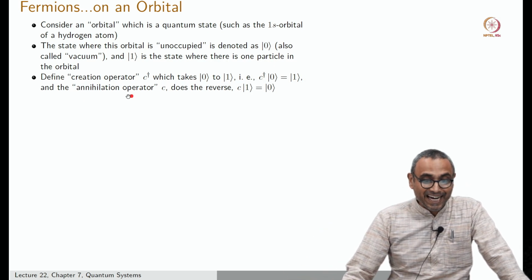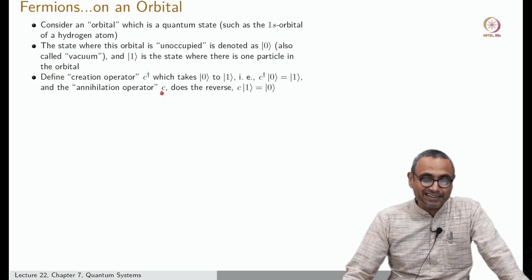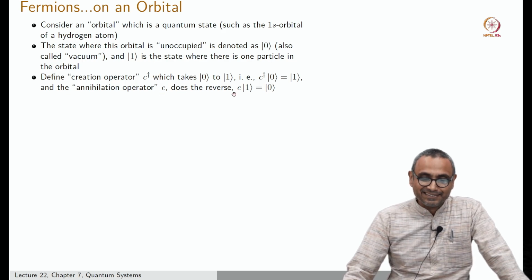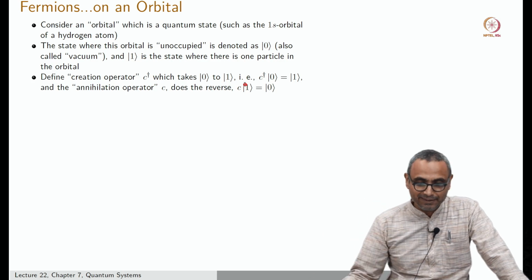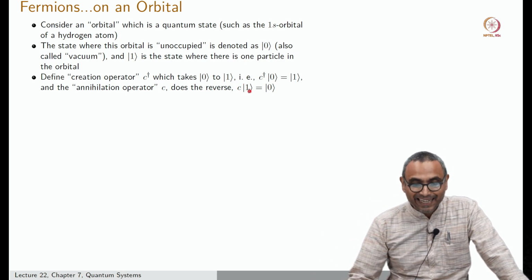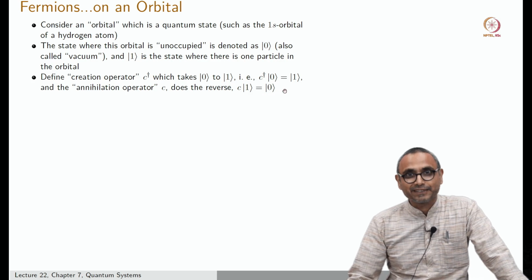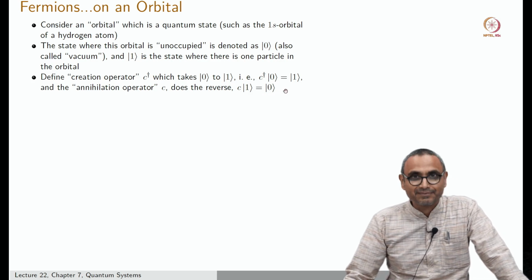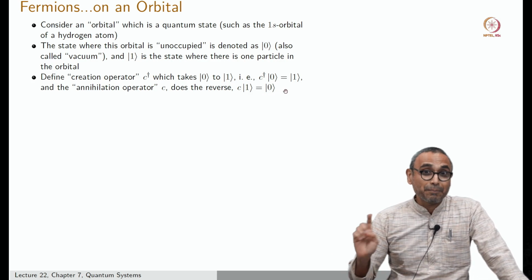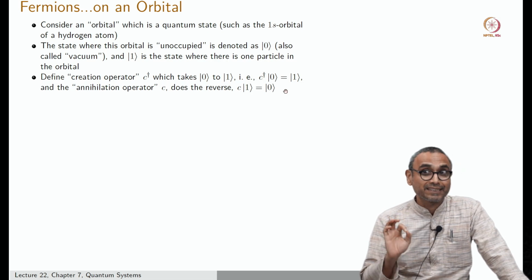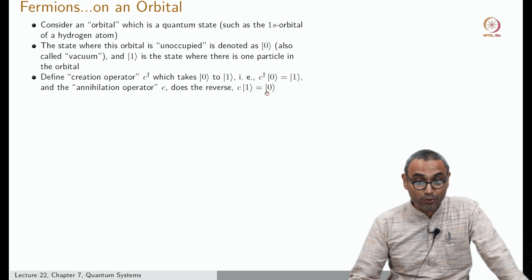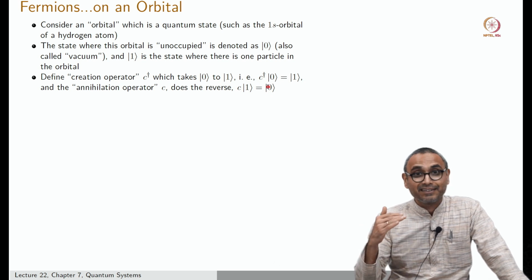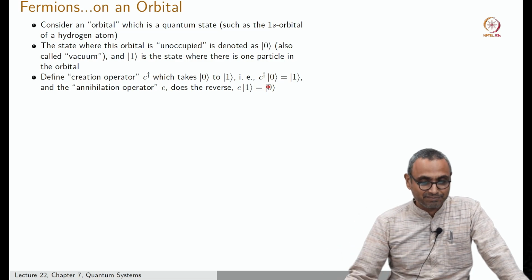That's why I have an annihilation operator, which is called C. It does the reverse. It takes the state where I have a single particle in this orbital, and when you annihilate that particle, you get the vacuum state. Remember, the vacuum state is not the 0 of the Hilbert space. It's a different state. This state is actually a unit norm, non-zero vector in the Hilbert space.